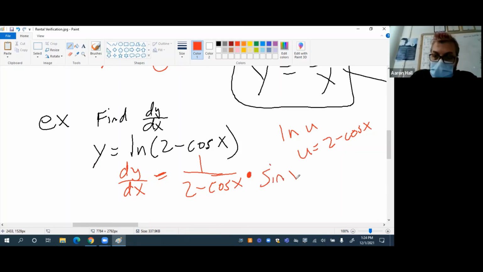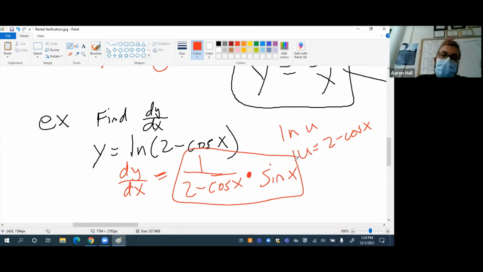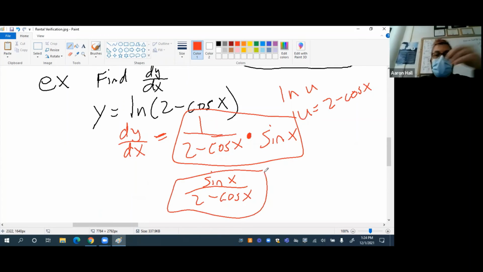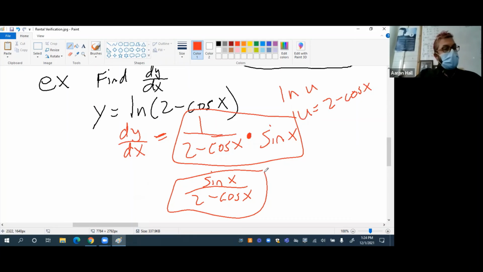You could just stop here, or we could put the sine of x over, so I'd have sine of x over 2 minus cosine of x. Either way is fine with me. Be careful with the chain rule; you have to be looking for the chain rule.